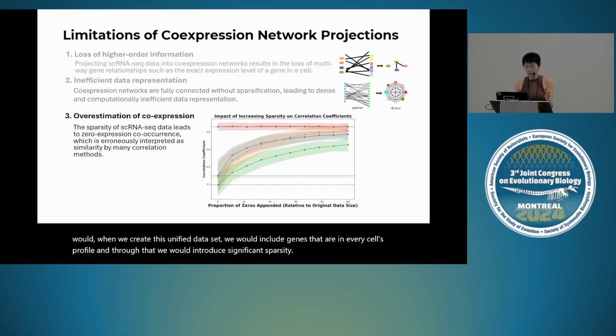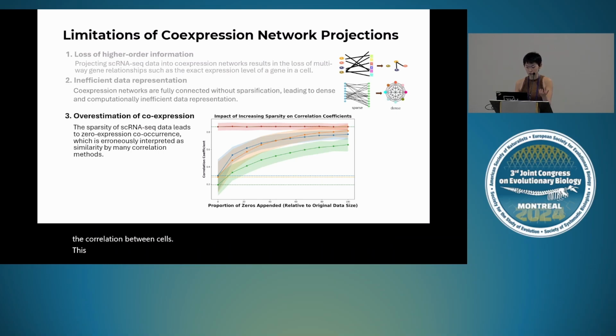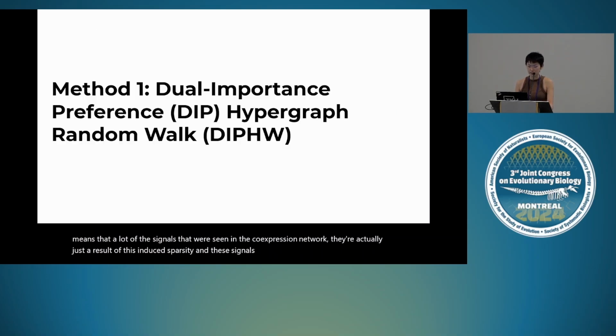And this sparsity is going to inflate the correlation between cells, because when we are computing the correlation between cells, these shared common zeros would just be interpreted as a signal of similarity in their expression profile. But if we know that they are just a result of the induced sparsity, that means that a lot of the signals that we're seeing in the co-expression network are actually just a result of the induced sparsity, and these signals could be disruptive to our analysis.